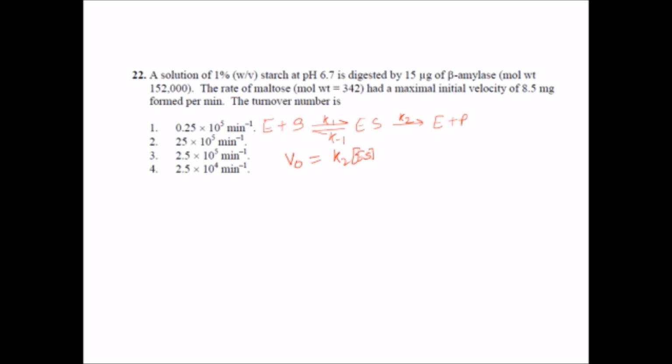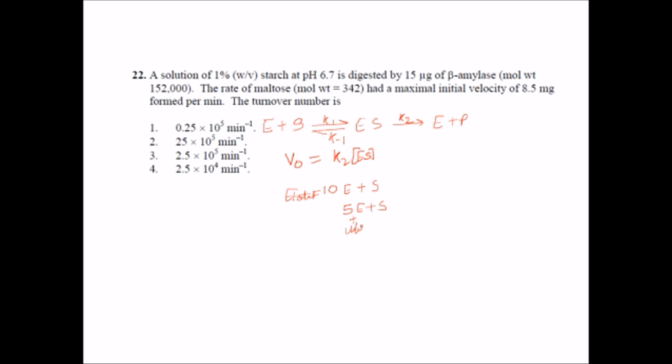Suppose there are 10 molecules of enzyme. If only 5 molecules of enzyme are bound with the substrate, then the 10 molecules, which is E total, will be equal to the bound molecules of the enzyme plus the unbound molecules of the enzyme.